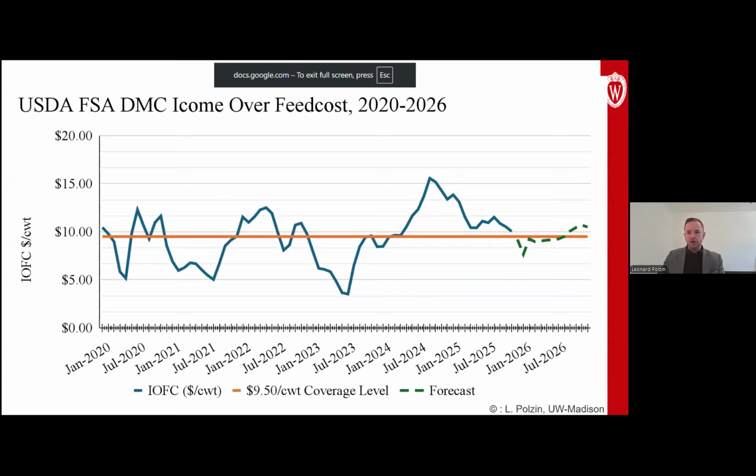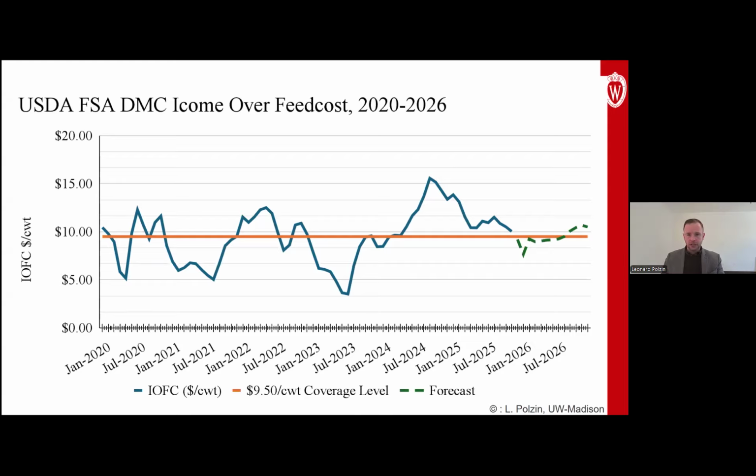And again, if we take that dairy margin coverage forecast and graph it out, you can see we're hovering around that $9.50 mark for much of the year until the latter part of the year. In the more short term, it looks like we're going to be a bit below that, and as we go further out, it looks like the market is pricing out margin a bit more favorably.